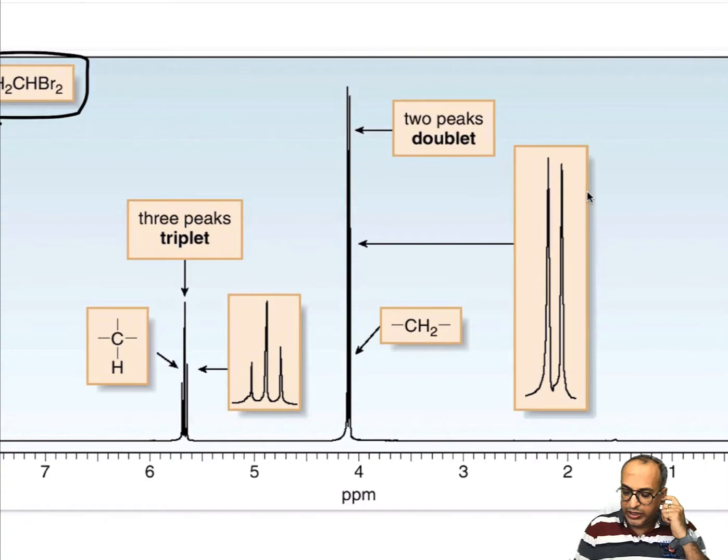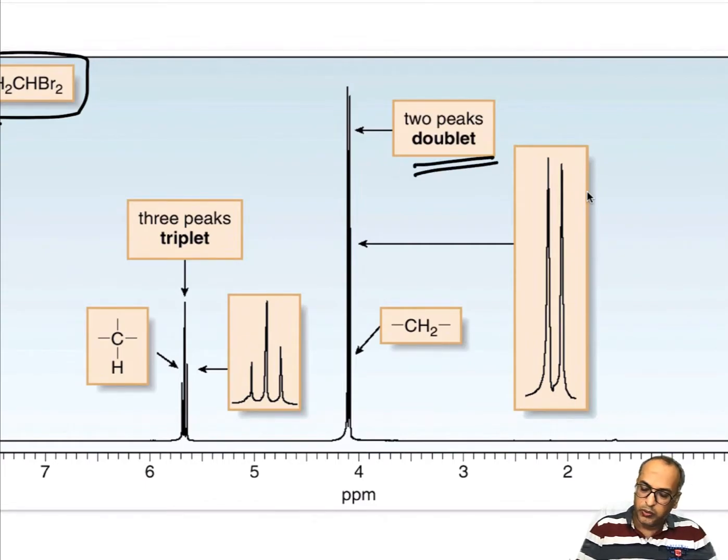But on top of that, if you zoom into this area, you will see the fine structure of this line. So CH2 appears as a doublet. There are 2 lines within the line of CH2 with intensity ratio 1:1, and for the CH proton, there are 3 lines of intensity ratio 1:2:1.